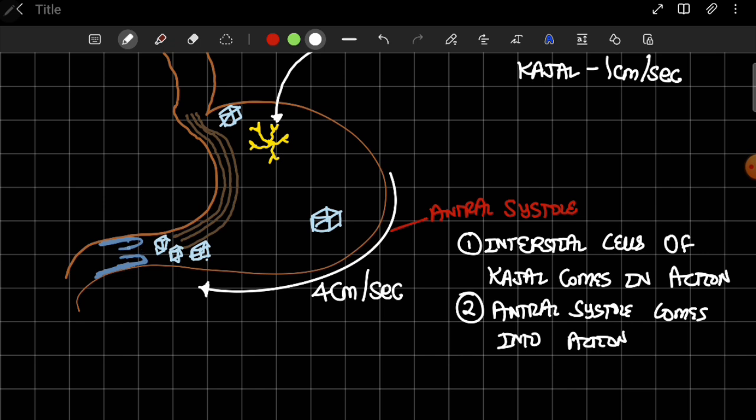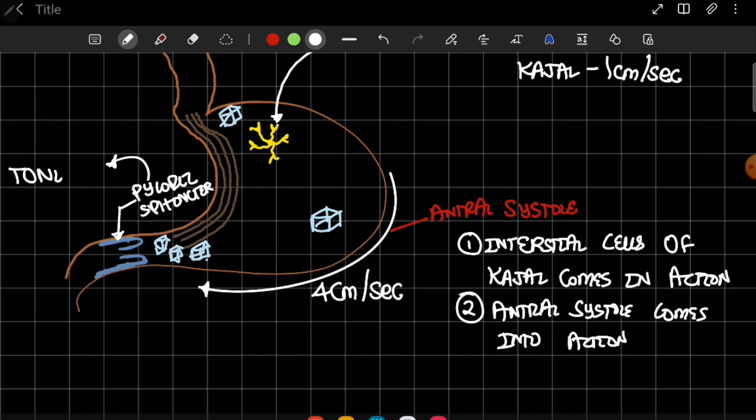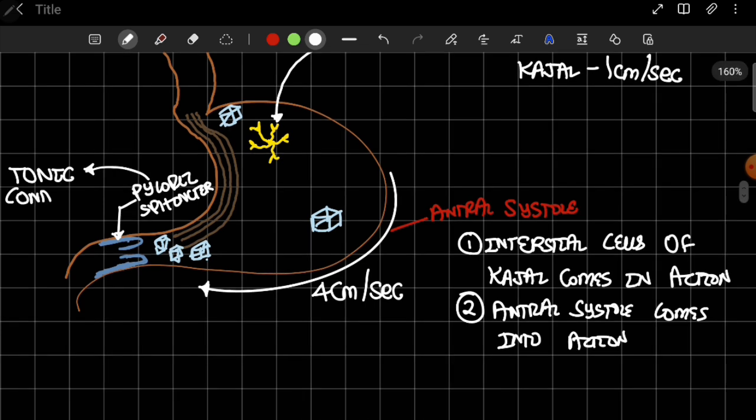So what is this structure? You guessed it right. It is the pyloric sphincter. And one interesting thing, they are in tonic contraction.